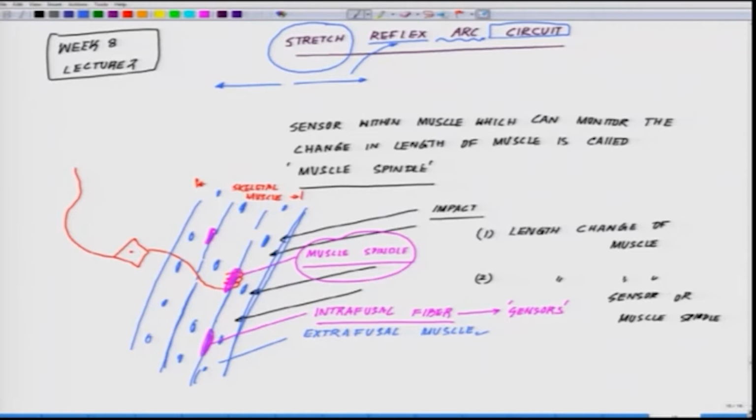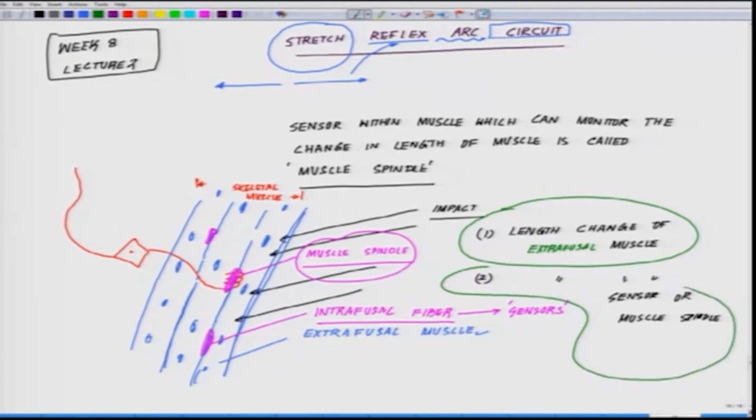I have mentioned the change in length in muscle, which essentially means extrafusal muscle, and change in length in the muscle spindle, which essentially means in the intrafusal muscle.